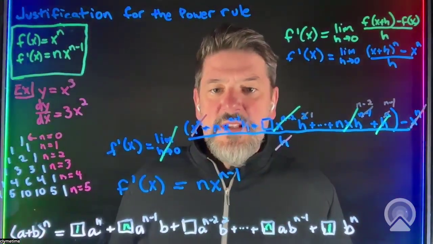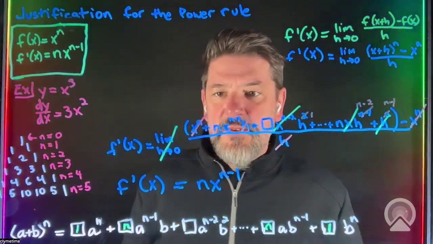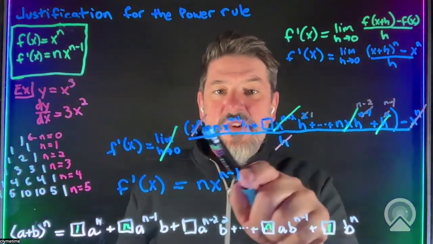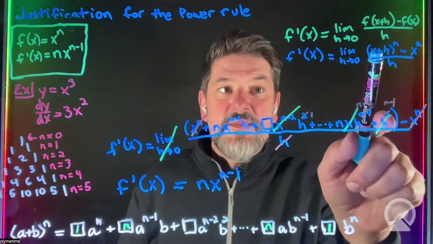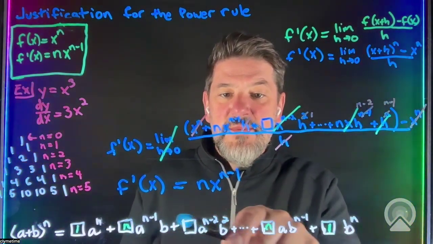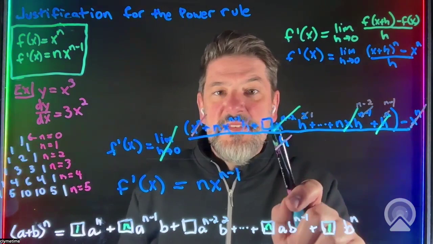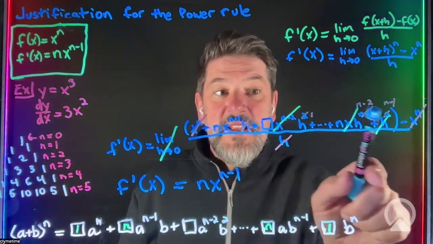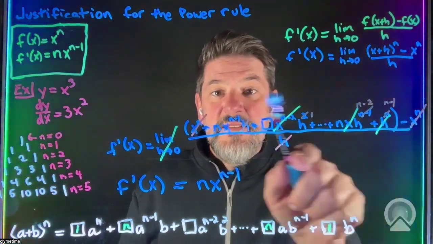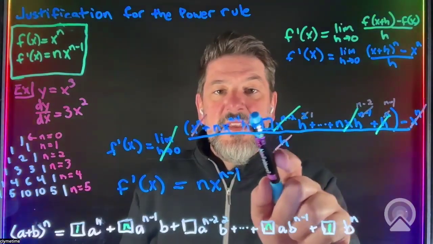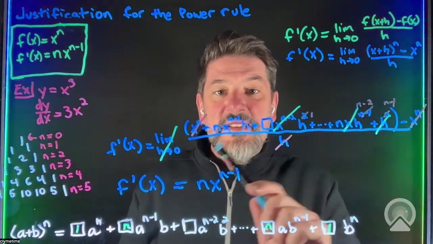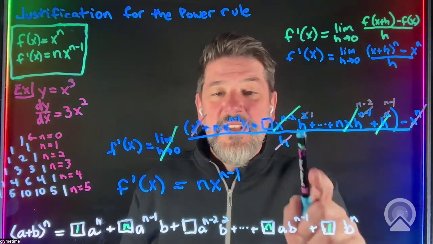Okay, so this is the power rule. Where this comes from is when you expand out x plus h to the n using the binomial theorem, it turns out that the very first term cancels with the x to the n. Those cancel out. And then every other term has at least one h in it.